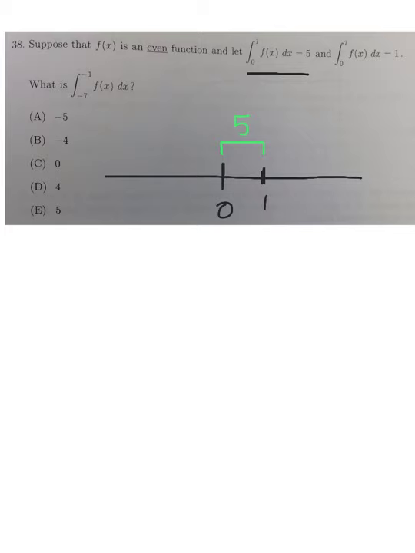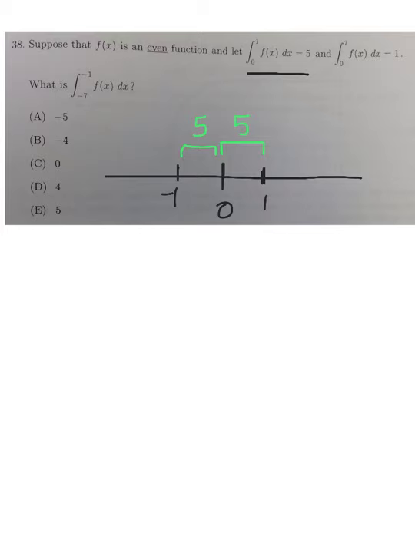Then wouldn't it make sense that if it's even, the area from -1 to 0 would also be 5? Because even means it reflects over the y-axis, and therefore it'd be the same amount of area on the other side of the y-axis.